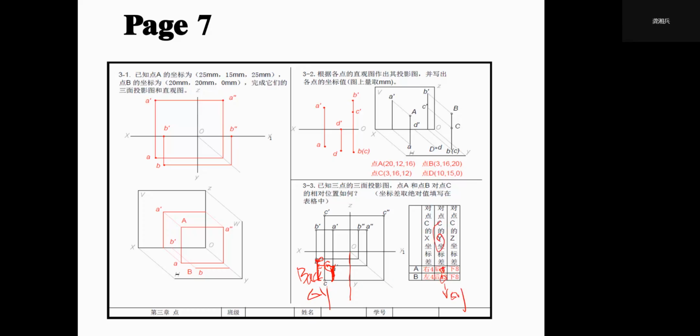For the Z position, all the points are on the bottom. So this one is delta Z, and A and B have the same delta Z, because A and B have the same Z position in this direction. So here you can get the answer. On the bottom, H means delta Z.